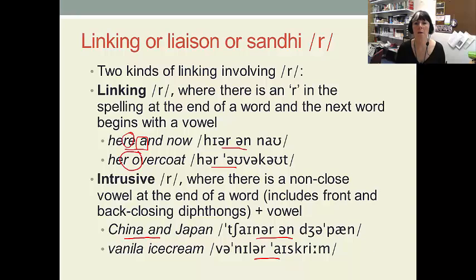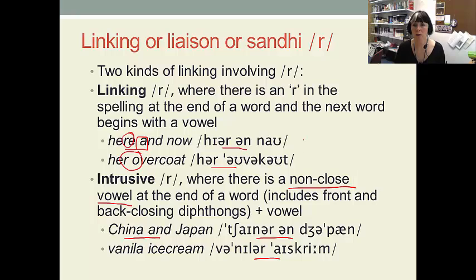Now, what do I mean by a non-close vowel? Well, this is by analogy with what happens with linking R. If there's an R in the spelling at the end of a word, we are not going to get any vowels that are close or that are closing diphthongs, where the tongue ends high in the mouth.